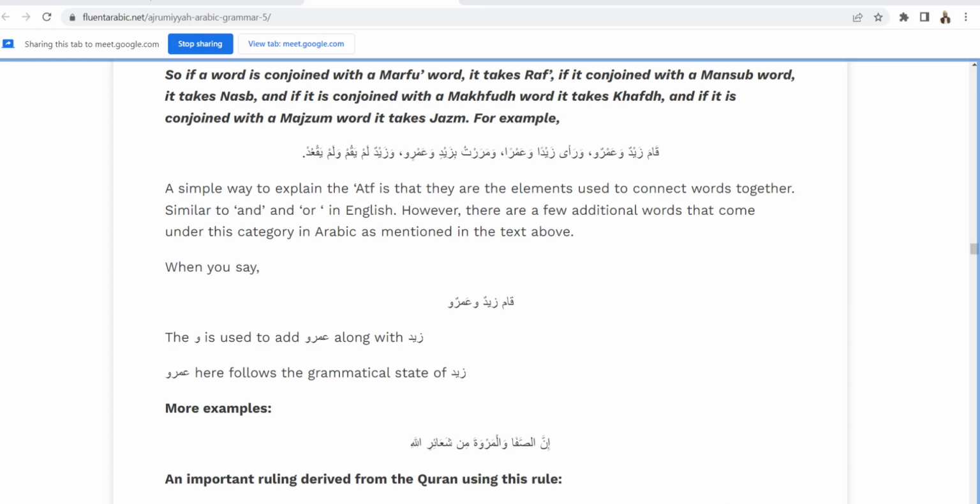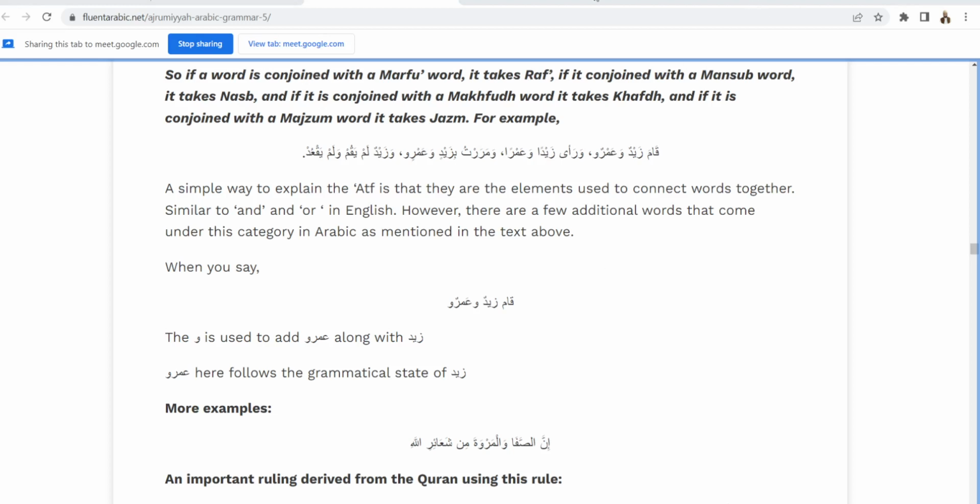A simple way to explain the atf is that they are the elements used to connect words together, similar to "and" and "or" in English. However, there are a few additional words that come under this category in Arabic, as mentioned in the text above.